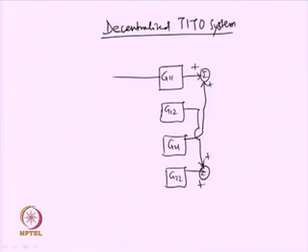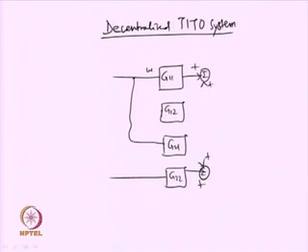And the input U1 is passed on to the second loop, and this will go to the first loop. Okay. So, this is the TITO system now.